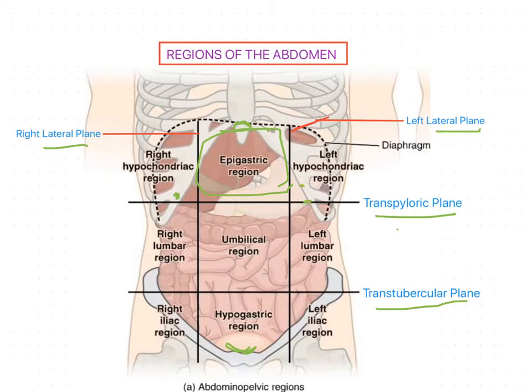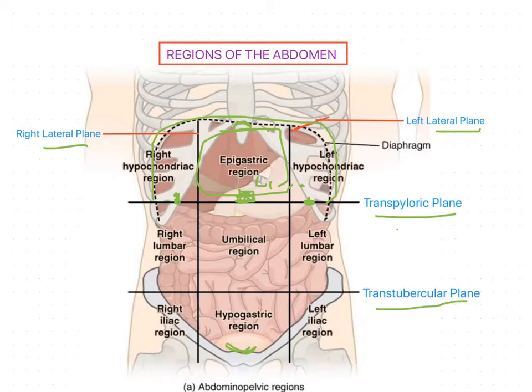On the posterior aspect, it is present at the lower border of the L1 vertebra.